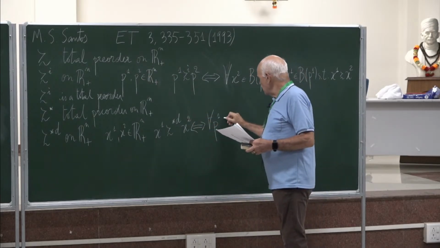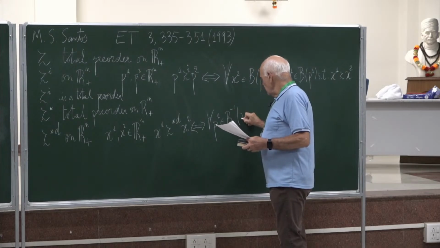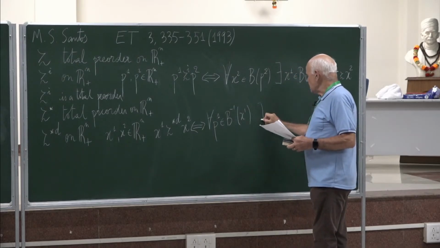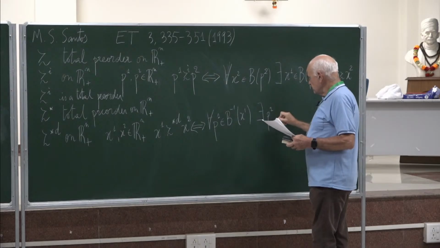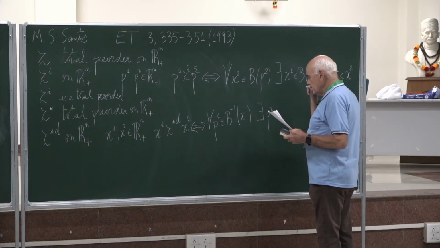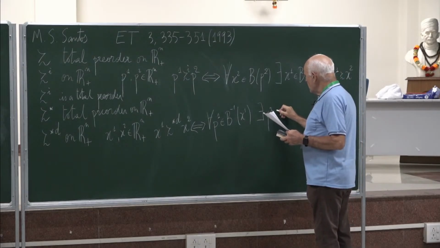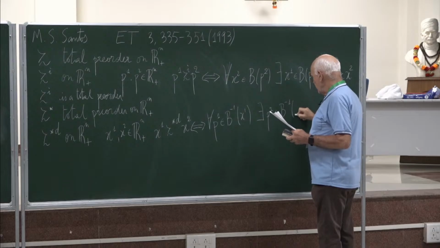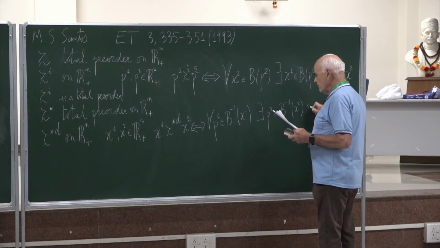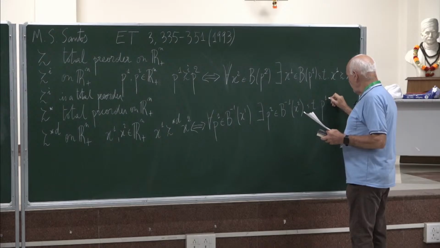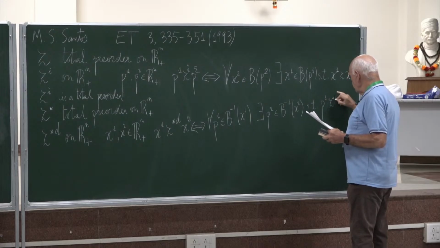For every p1 in B minus 1 of x1, so which is compatible with this x1, there exists p2 in B minus 1 of x2 such that p1 is preferred to p2.